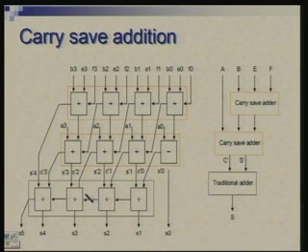So, you keep on saving carry for the next stage, and at the last one you add, but what happens is that in the first stage, since you have no previous stage here to feed carries, you can actually have the third operand fed as carries.